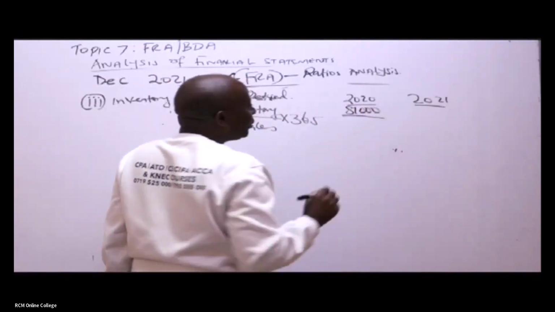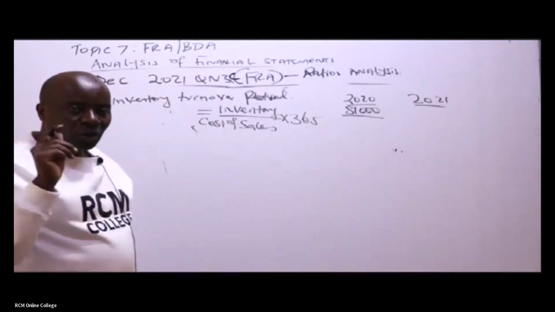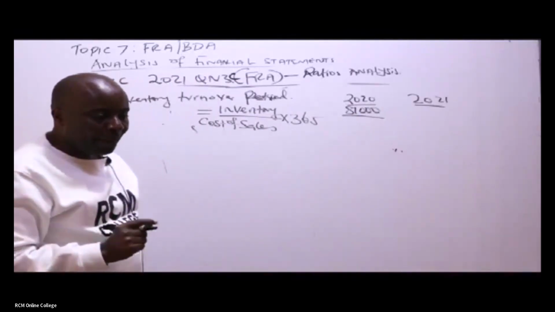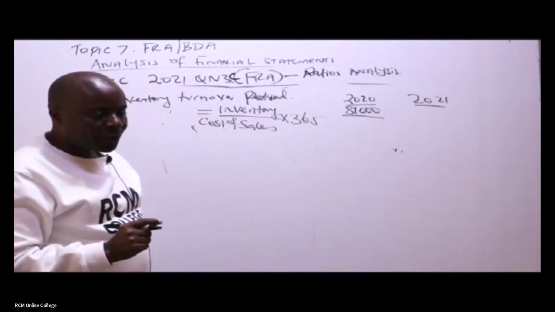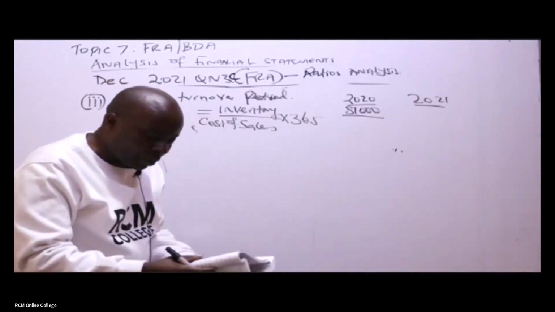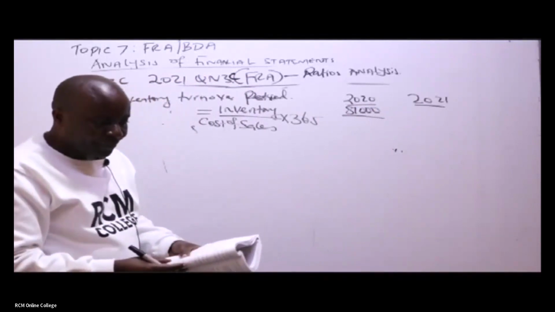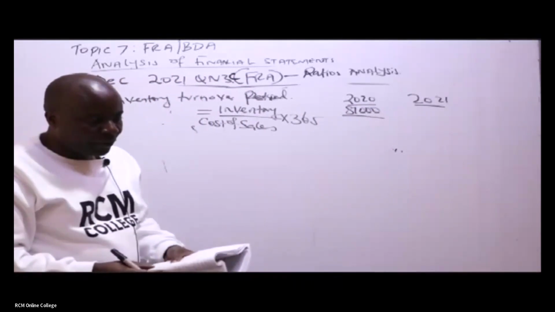Out of the cost of sales 2020. Are you able to see the cost of sales in the income statement given? Please go to the income statement given 2020. Cost of sales 372 something, right? I have to get this from you.